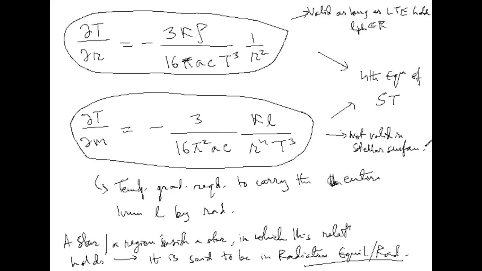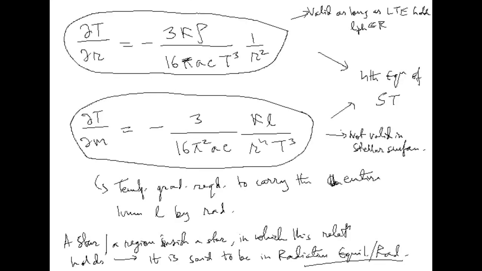Now, before I finish, it is important that you see, in hydrostatic equilibrium, we can combine this equation and write it using this form. You see, we can write it like this: dT/dm, using the hydrostatic equilibrium equation.